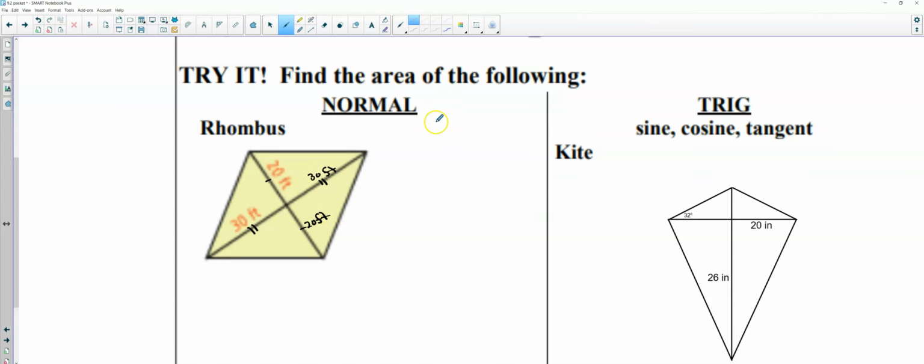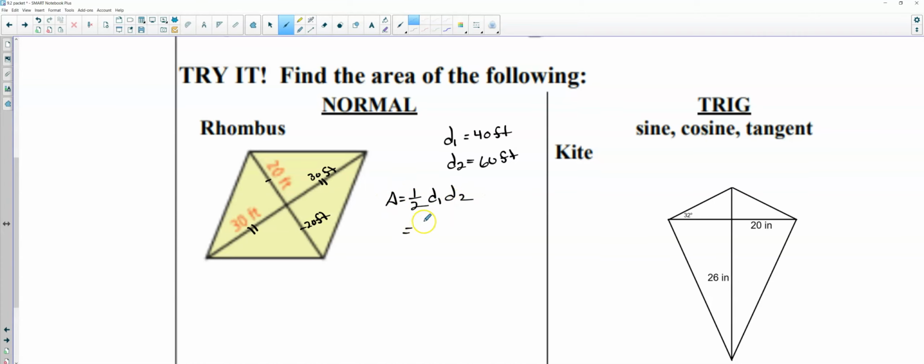So we have diagonal 1 equals 40 feet, diagonal 2 equals 60 feet, and the formula is area is equal 1/2 diagonal 1 times diagonal 2.